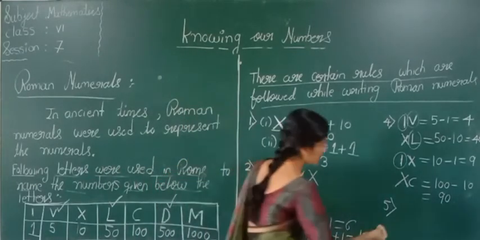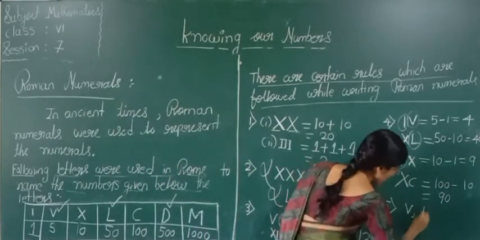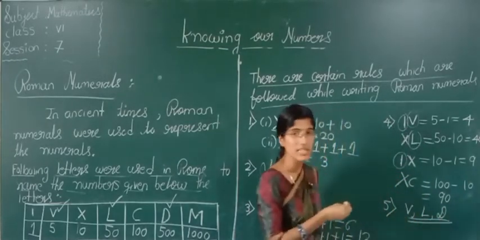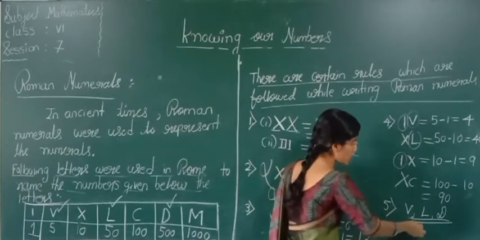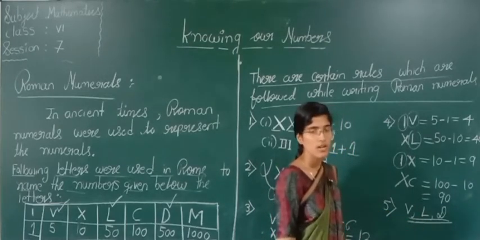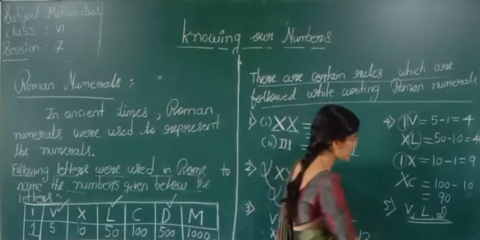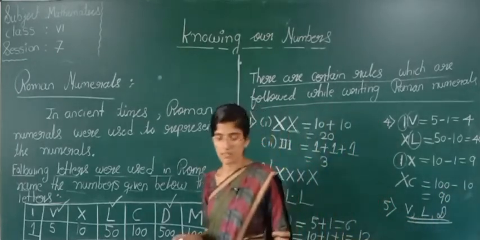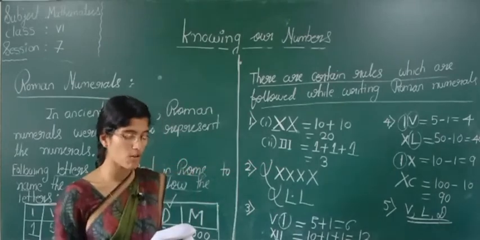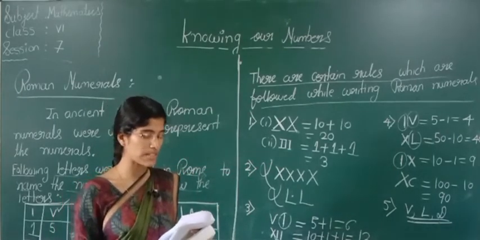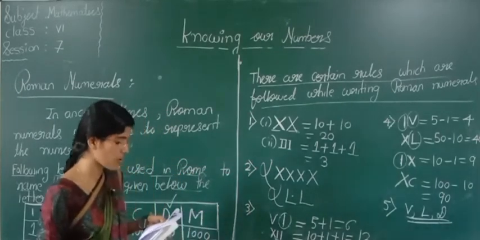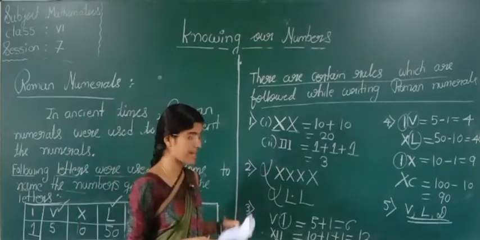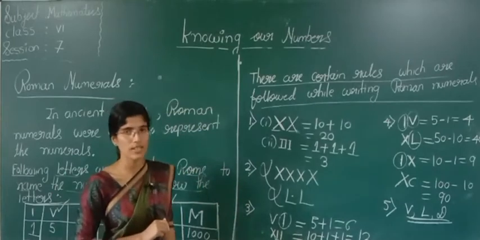So these symbols are not written to the left of a larger symbol. Again we can tell that these symbols are never subtracted. The symbols V, L and D are never written to the left of a symbol of greater value. That is, V, L and D are never subtracted, we can tell.